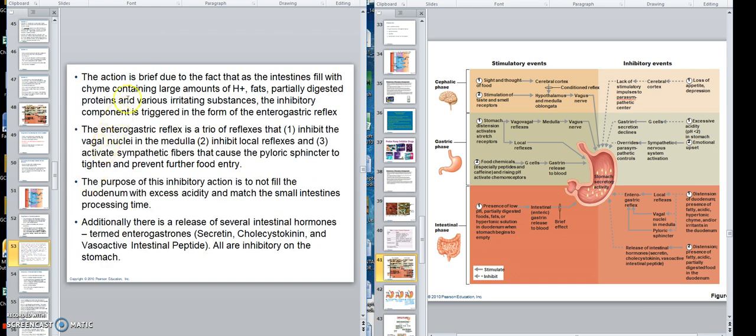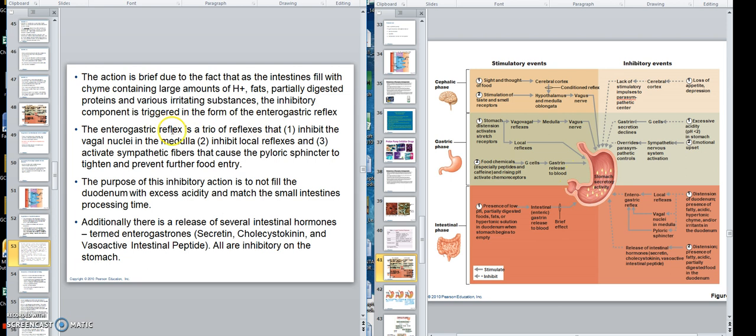Let's go further. The action is brief due to the fact that the intestines fill with chyme containing large amounts of H+, fats, partially digested proteins, and various irritating substances. The irritation is triggered in the form of an enterogastric reflex. Entero means intestine, on gastric.